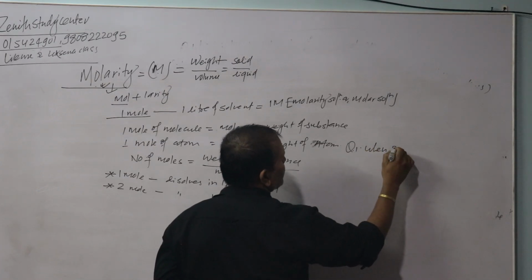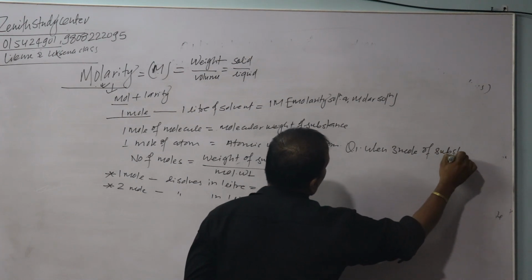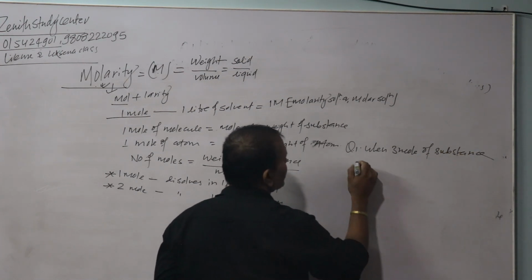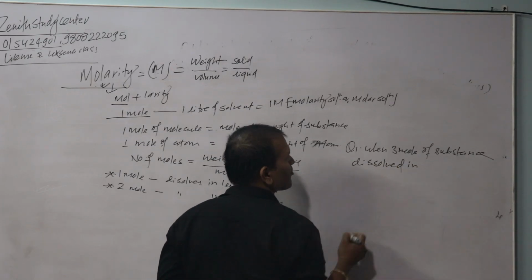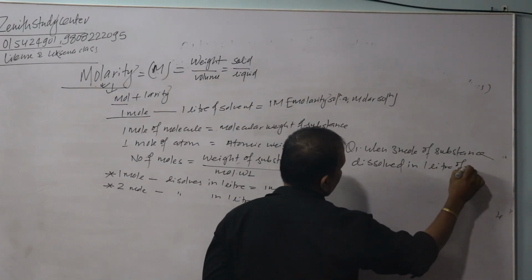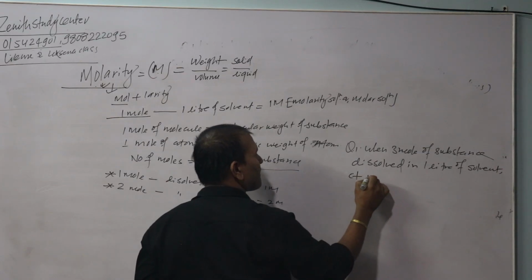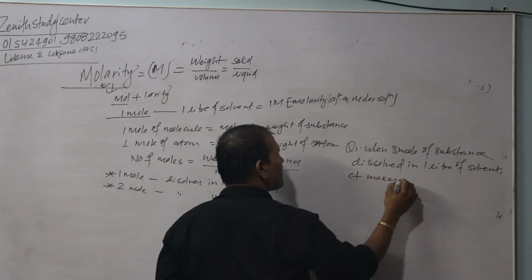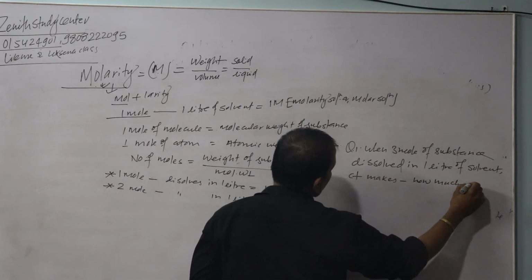When 3 moles of substance are dissolved in 1 liter of solvent, it makes how much molarity solution?